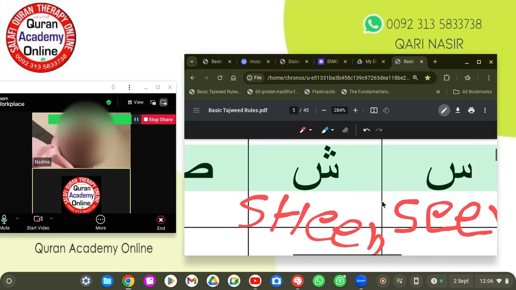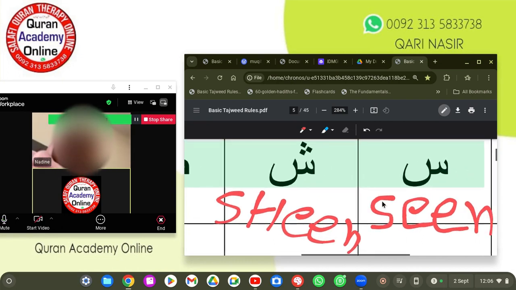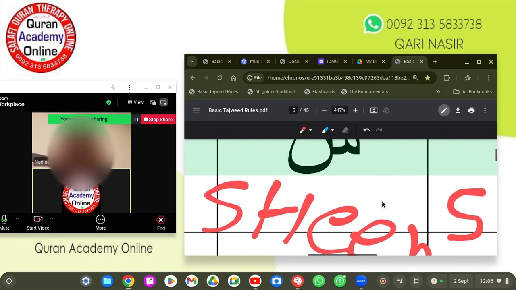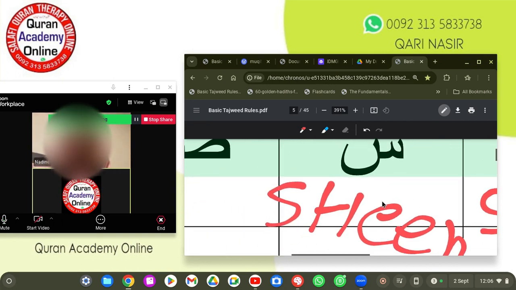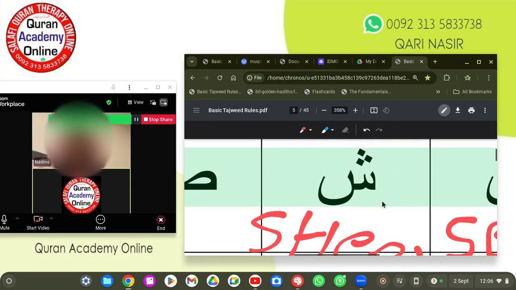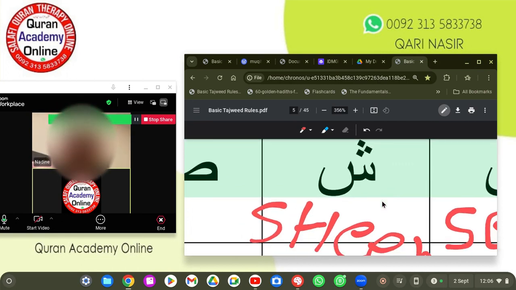Okay, your lesson only now. This one, it's with 3 dots. Only this lesson. Repeat. Can you see it?